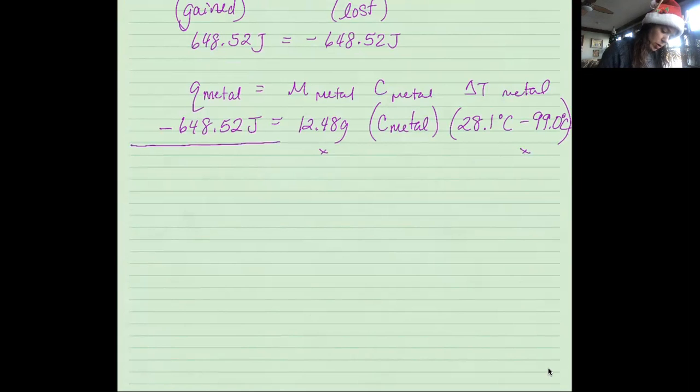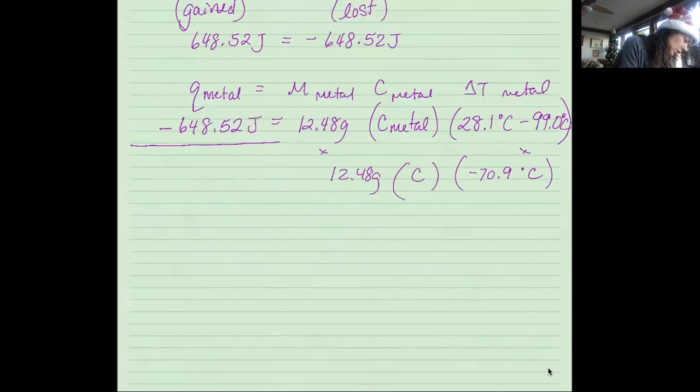So what is 28.1 minus 99? Negative 70.9. I'm doing this slowly for anyone who is not good at math. I just rewrote everything after I subtracted.